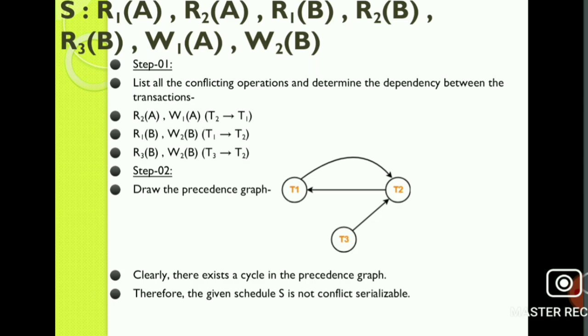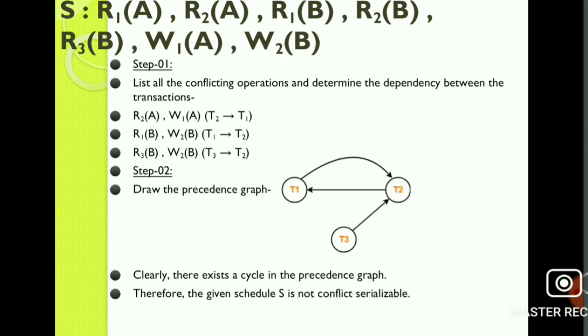T1 to T2 means the second conflicting operation R1 of B and W2 of B. So T1 to T2. Then T3 to T2, from the third operation, that is R3 of B and W2 of B. And then the conflicting operation R2 of A and W1 of A.